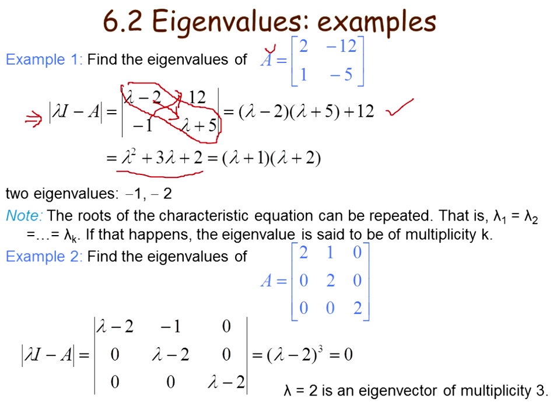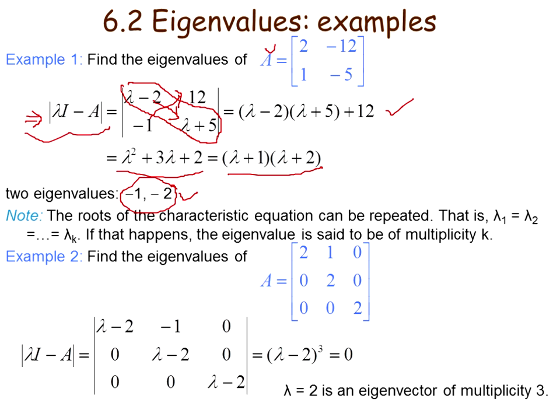We get 2 factors: lambda plus 1 and lambda plus 2. So the values are lambda equal to minus 1 and lambda equal to minus 2. These 2 are called the eigenvalues or characteristic values. This is the method to find the eigenvalues.